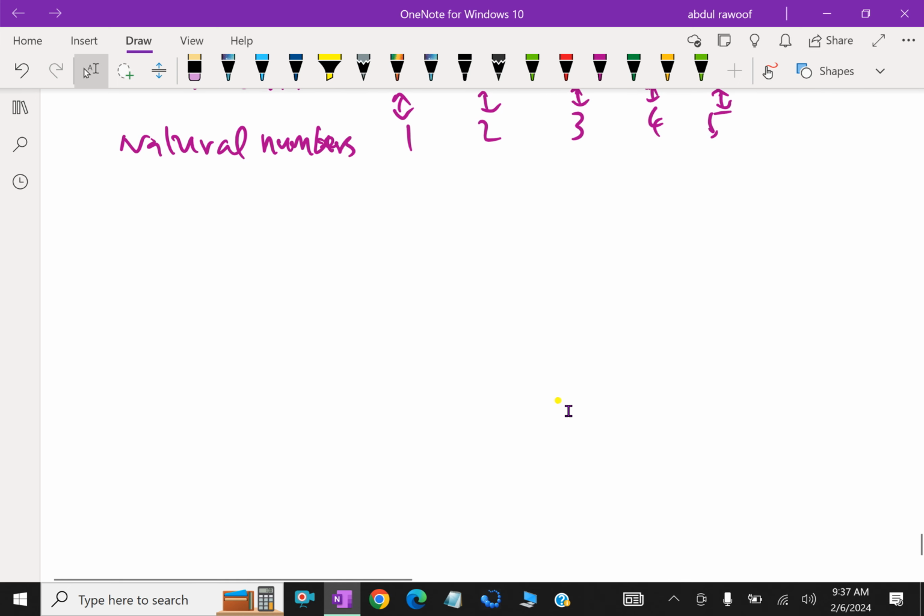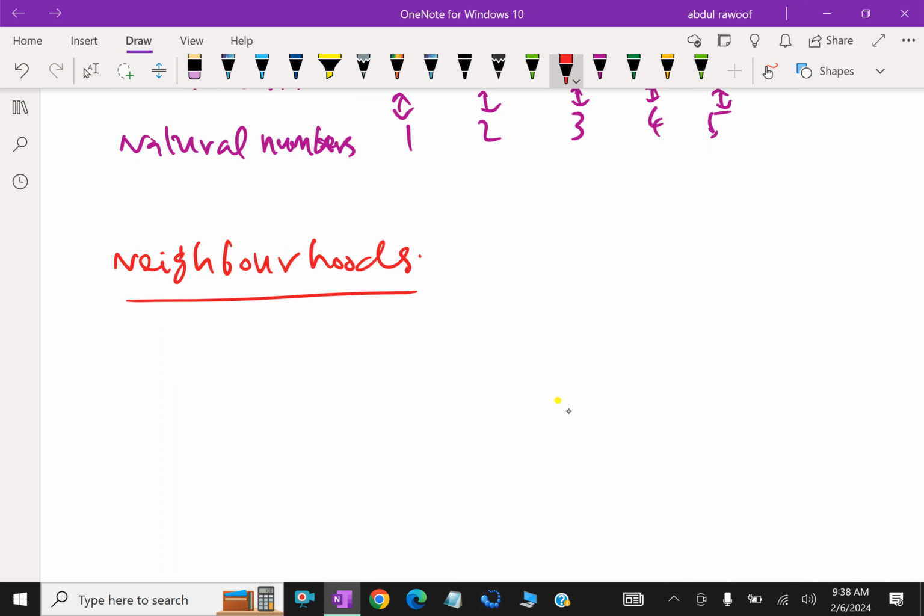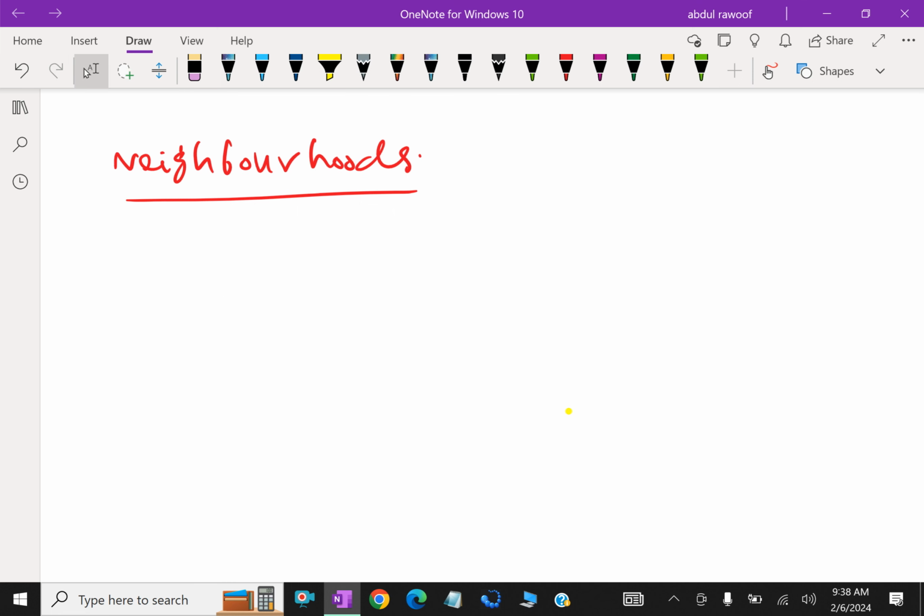Next is neighborhoods. What do we mean by it?